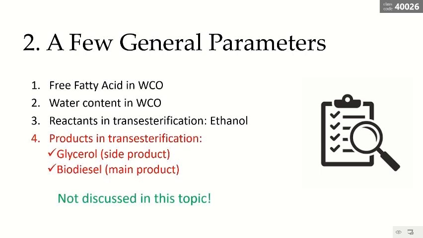These products of the transesterification reaction, glycerol and biodiesel, we are not going to discuss in this topic because they are more standard, not because they are unimportant. They are important, but we have to be selective, so we are not going to detect those parameters currently.